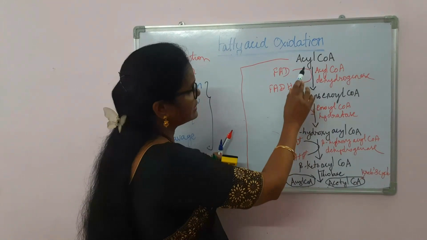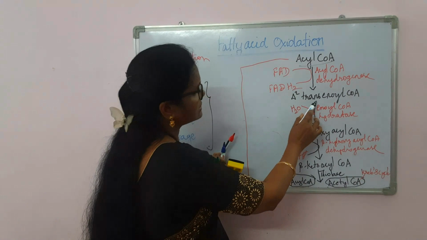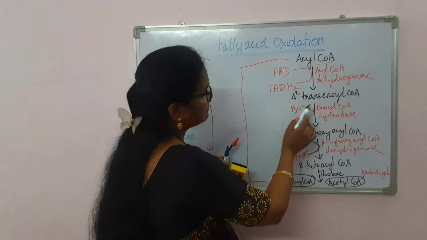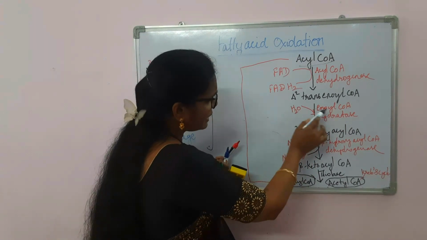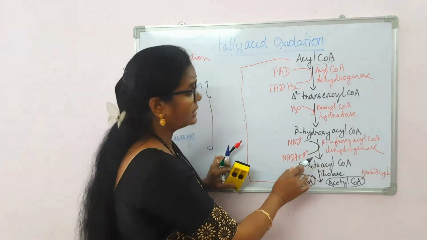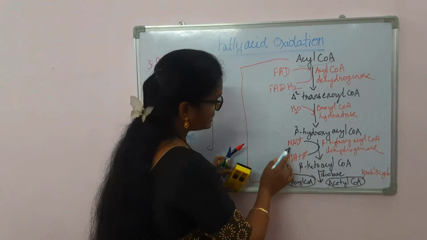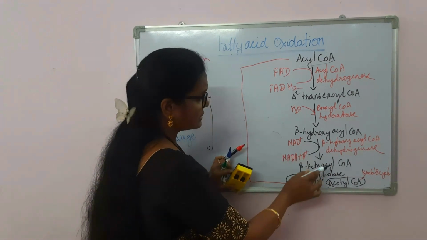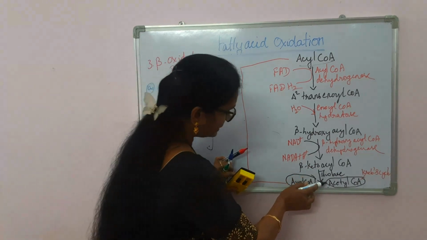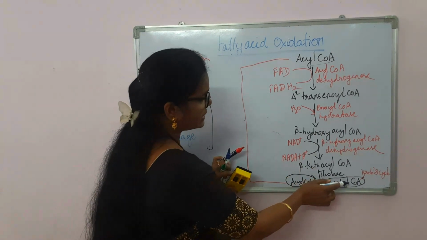So it starts with the activated fatty acid, acyl CoA, and it undergoes an oxidation reaction with the help of acyl CoA dehydrogenase enzyme. Trans-enoyl CoA is formed. To this a water molecule is added, forming beta hydroxy acyl CoA, and with the help of a dehydrogenase enzyme, NAD plus reduction takes place. NADH is formed, along with beta keto acyl CoA. With thiolase enzyme, this beta keto acyl CoA is cleaved to acyl CoA and acetyl CoA.